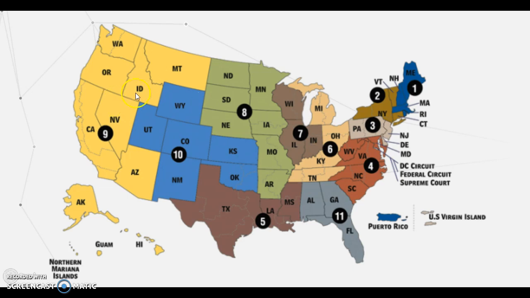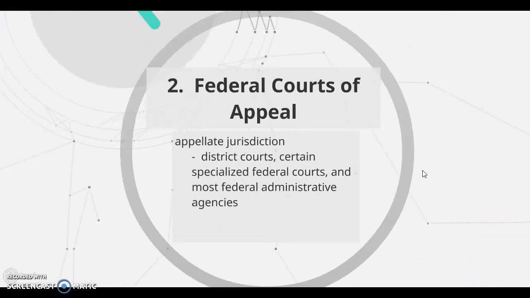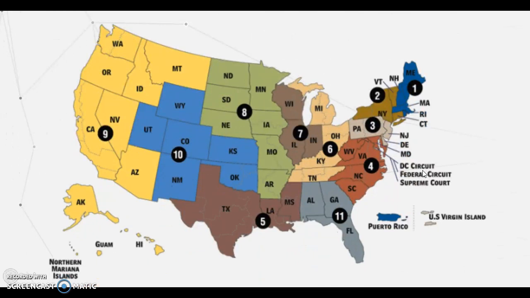Again, there are 12 districts with 1 at the federal level, or what's called the federal circuit. These guys have jurisdiction over certain cases we'll talk about later. So for the sake of argument, there are a total of 13 circuits within the federal courts of appeal. Indiana, again, is in the 7th circuit.